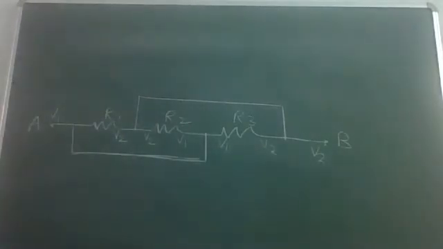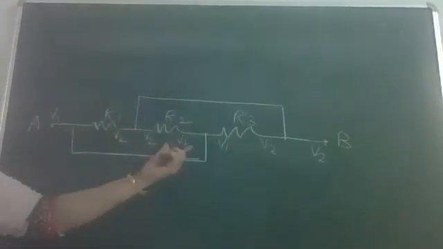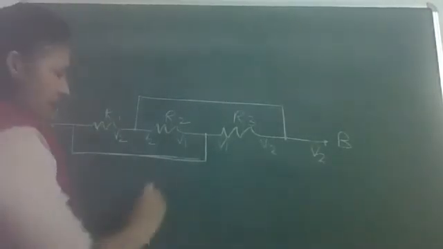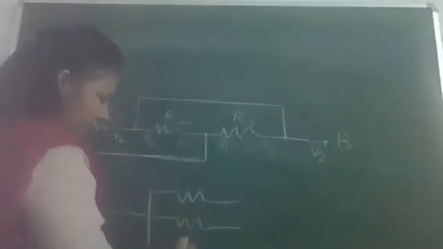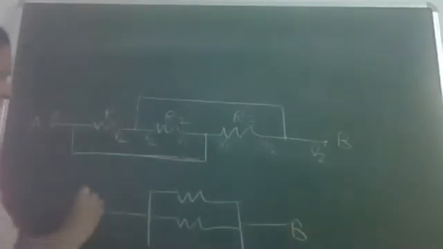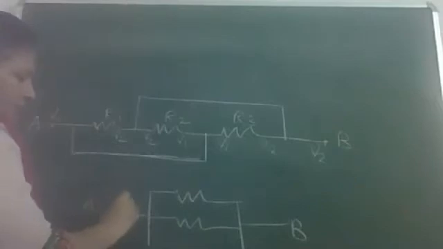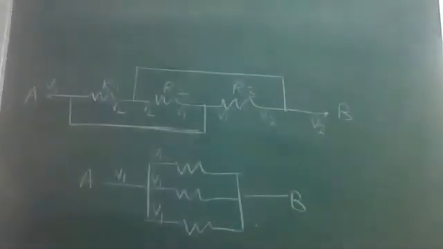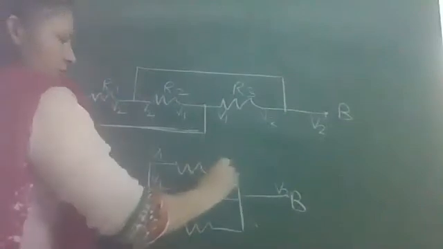Now see the potential differences across the three resistors. इस R1 के अक्रॉस V1 V2, R2 के अक्रॉस V2 V1, ठीक है, R3 के अक्रॉस भी V1 V2 है. इसका मतलब तीनों रेजिस्टर्स का पोटेंशियल डिफरेंस सेम आ रहा है. तो पोटेंशियल सेम कौन से कॉम्बिनेशन में होता है? पैरेलल में. सो दैट्स व्हाई दीज थ्री रेजिस्टर्स आर इन पैरेलल. ठीक है, अगर आप इसका इक्विवेलेंट सिंपल डायग्राम बनाओगे then it will be clear to you. ये A पॉइंट है, ये B पॉइंट है, तो here V1 तीनों साइड्स पे V1 होगा बिकॉज ऑफ दिस. ठीक है, एंड इधर V2 पोटेंशियल है, तो यहाँ V2 होगा तीनों पे.